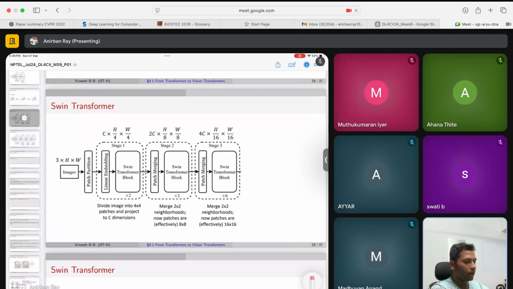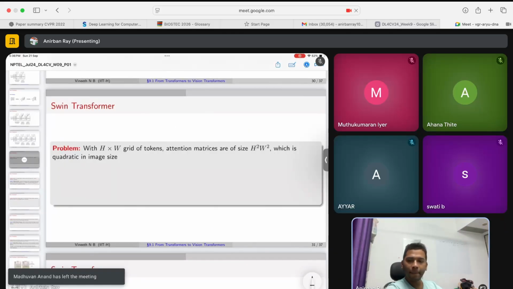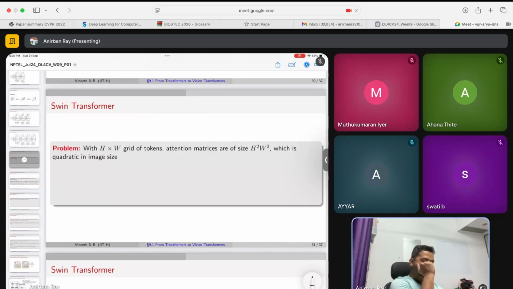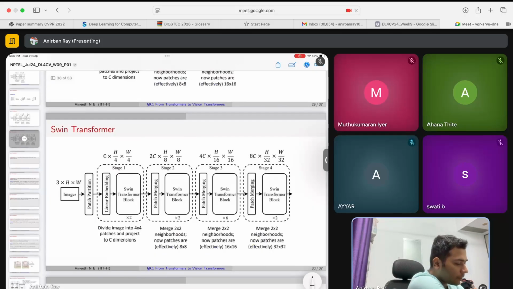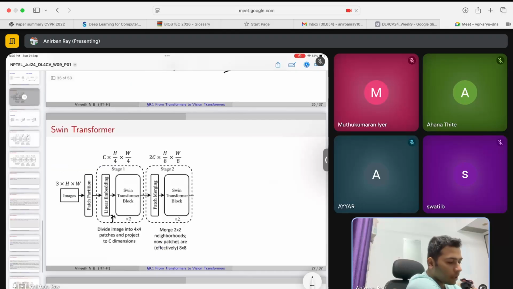So now the input is this. Further, the input is this. They have not explained what is a Swin transformer, but you can understand it as a type of hierarchical transformer.